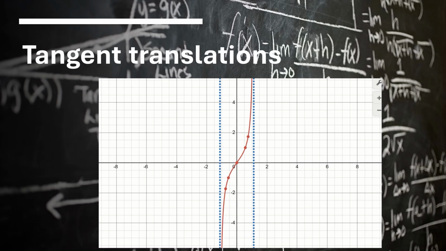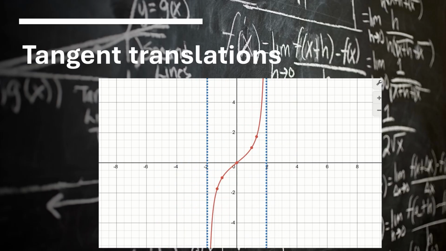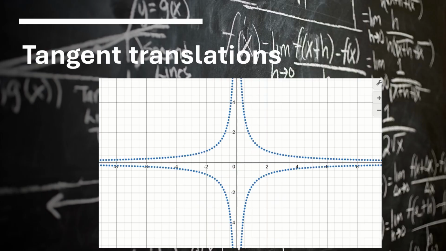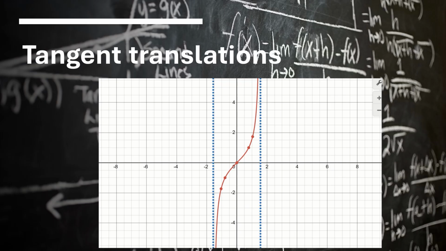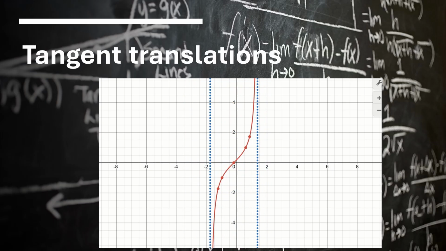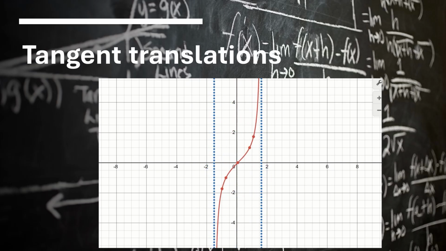So this is what it looks like for me to move around the coefficient of x: horizontal stretch and compression. And this is what it looks like to add or subtract something to x. This is your horizontal shift.